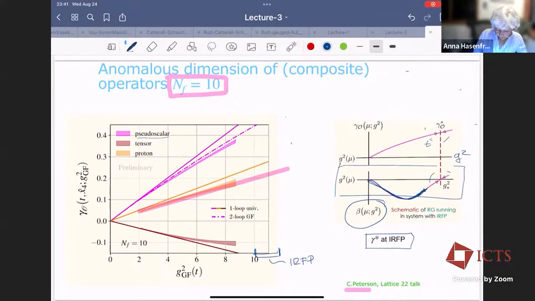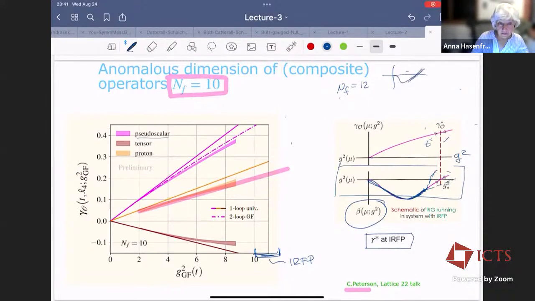That's why I could not tell you where the fixed point is, because we just have an estimate based on where the numerical data is. So I believe that 10 flavor is most likely conformal. That's what the data shows, but I cannot show you a solid beta function. For NF 12, we actually have a beta function that I trust, and it does look like it has a fixed point.